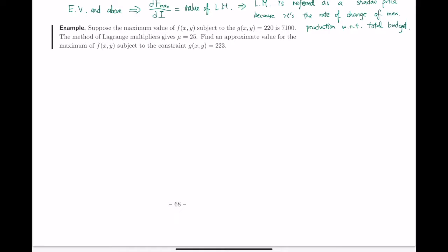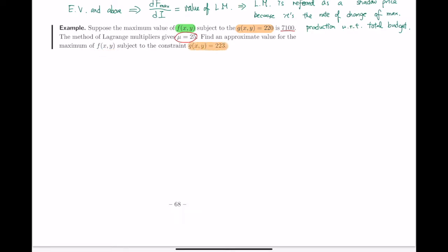Suppose the maximum value of the objective function subject to the constraint g(x,y) equal to 220 is 7,100. And you're given that the Lagrange multiplier involved is mu equal to 25. Find an approximated value for the maximum of f(x,y) subject to a tweak of the constraint.